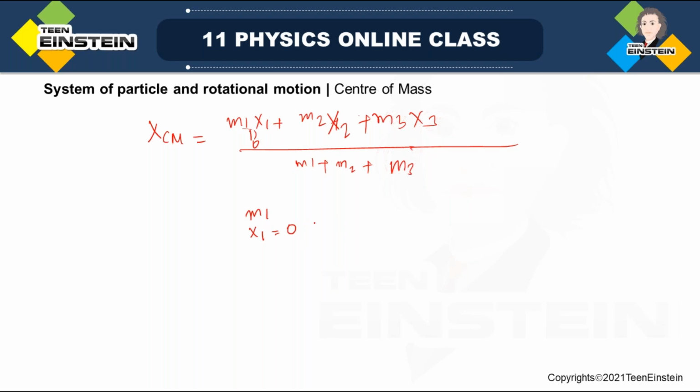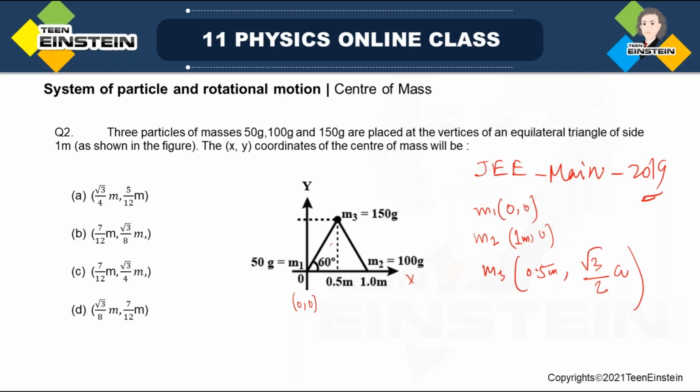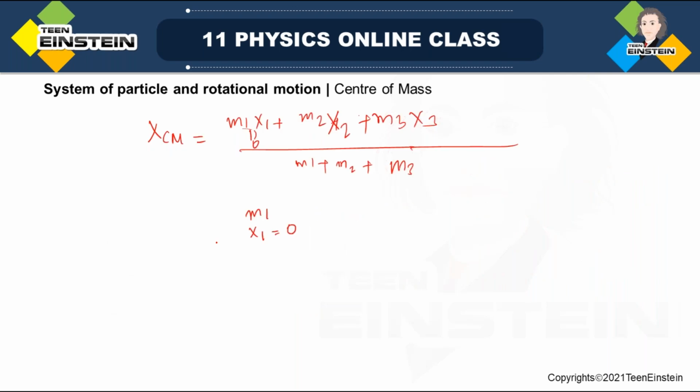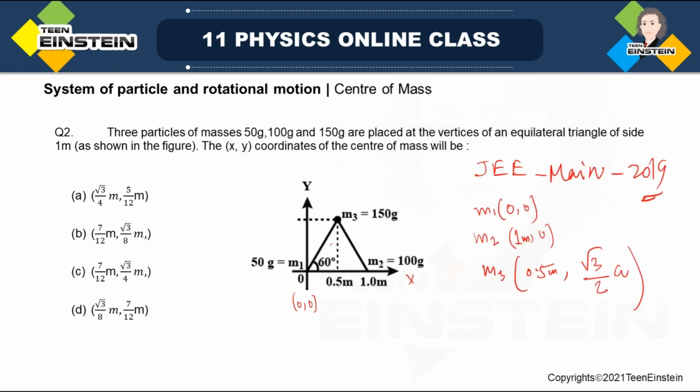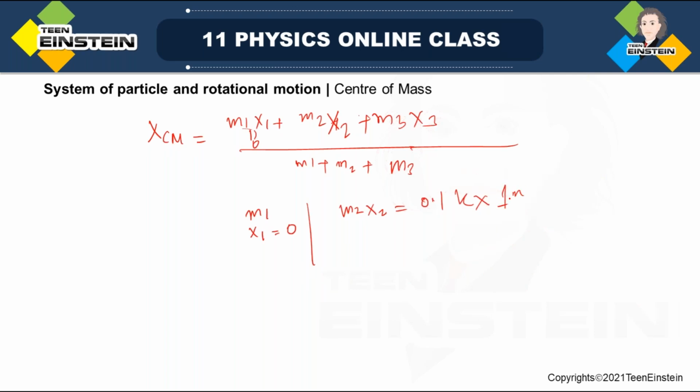So this part is 0, and for m2 we have to check what the mass is. M2 has mass 100 gram, that means 0.1 kg, and x2 is 1 meter. And M3 x3, we'll see what M3 is.